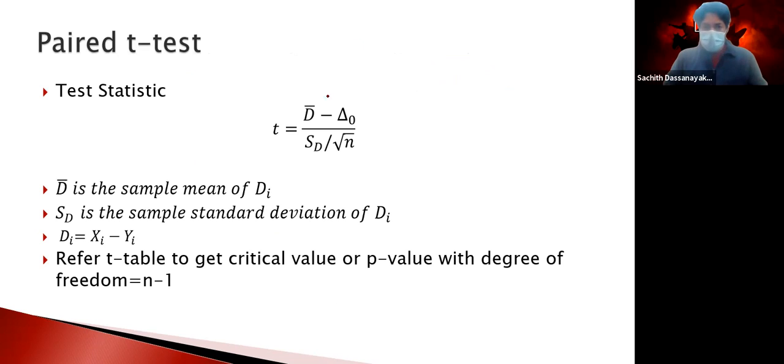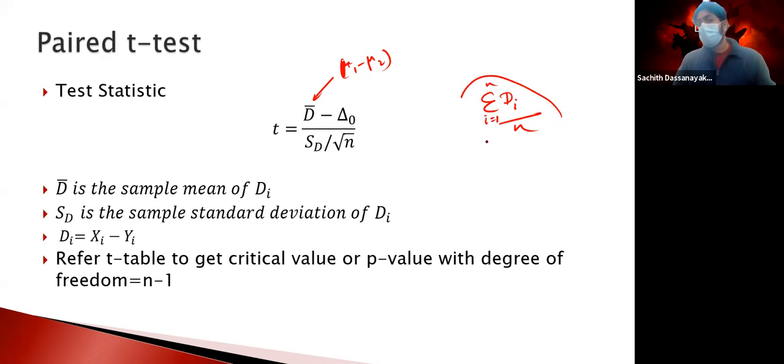The only difference is this part right here. Last time we had mu1 minus mu2. This is still the same, but using different notation, d bar, because of this mu d. You can calculate this by taking all the di's, the summation of all the di's from 1 to n, divided by n. You can get your d bar.